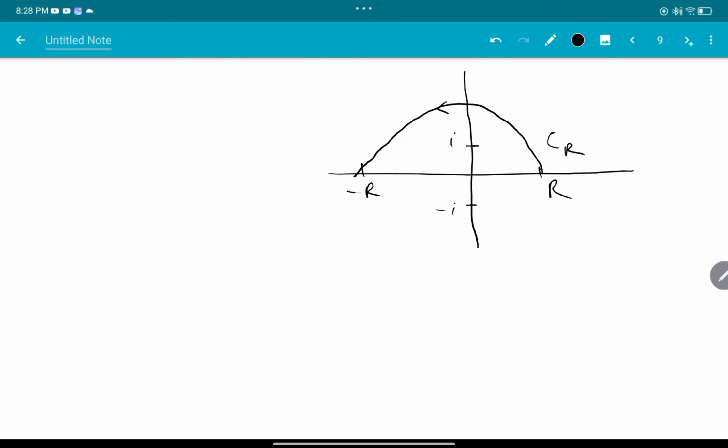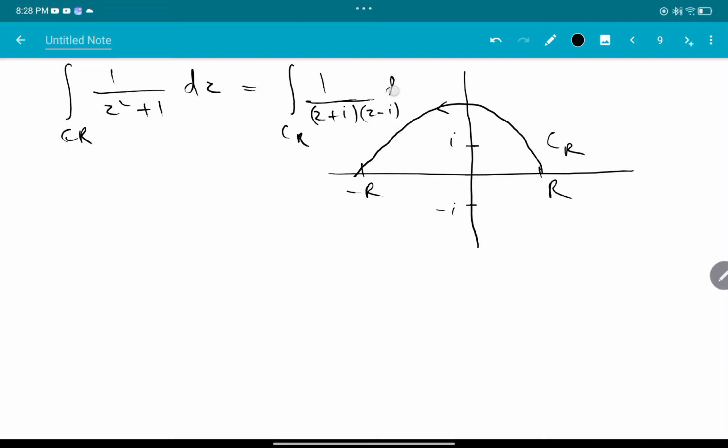On the next page, I have the integral over C_R of 1 by (z square plus 1) dz. I need to evaluate this. I know it is equal to the integral over C_R of 1 by (z plus i) into (z minus i), which we agree it can be written as. Now see, I will show that this integral has a maximum value.